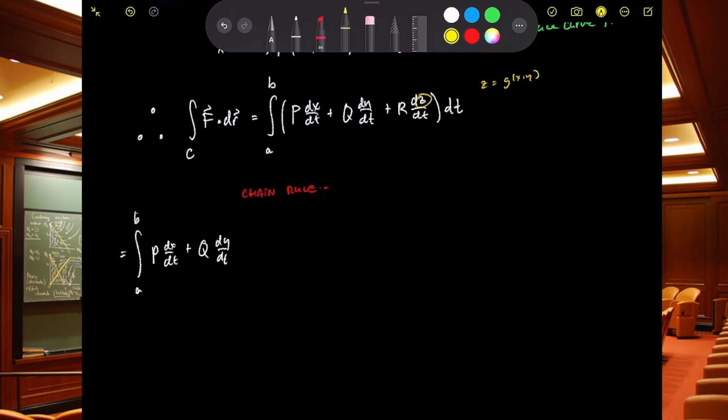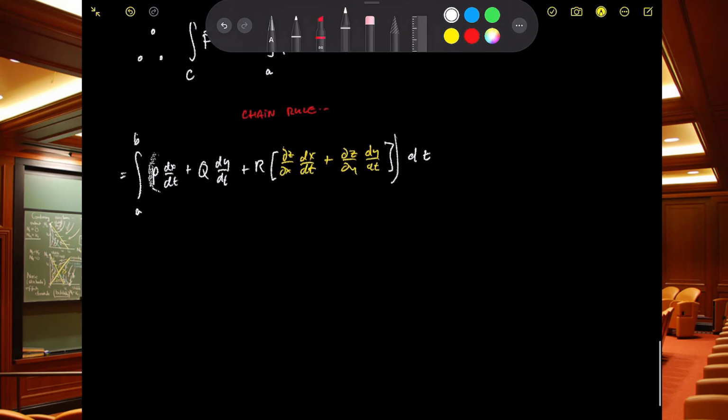For dz dt, we can use the chain rule here, plus r times, well, this would be dz dx dx dt, and these should be partials here, dz dx dx dt plus dz dy dy dt. That's what we mean when we say dz dt in multivariable. So this is all in the integral.